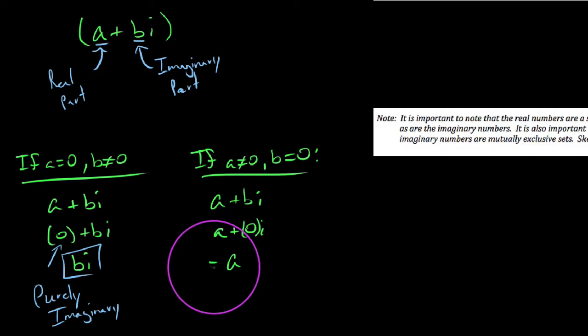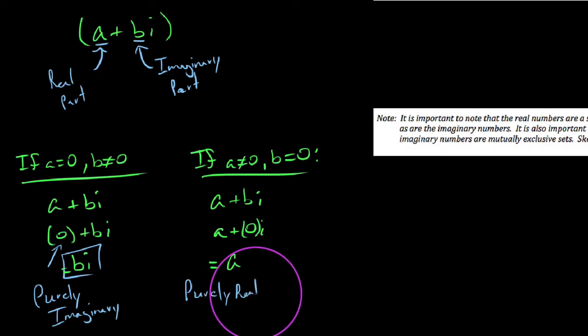So we say it's just equal to a. Okay, and if it's just equal to a, we refer to this as a purely real number. You just say a real number. So the important thing to recognize here is that a real number really is a complex number. It just has 0 for an imaginary part, and a purely imaginary number is really a complex number. It just has 0 for a real part.